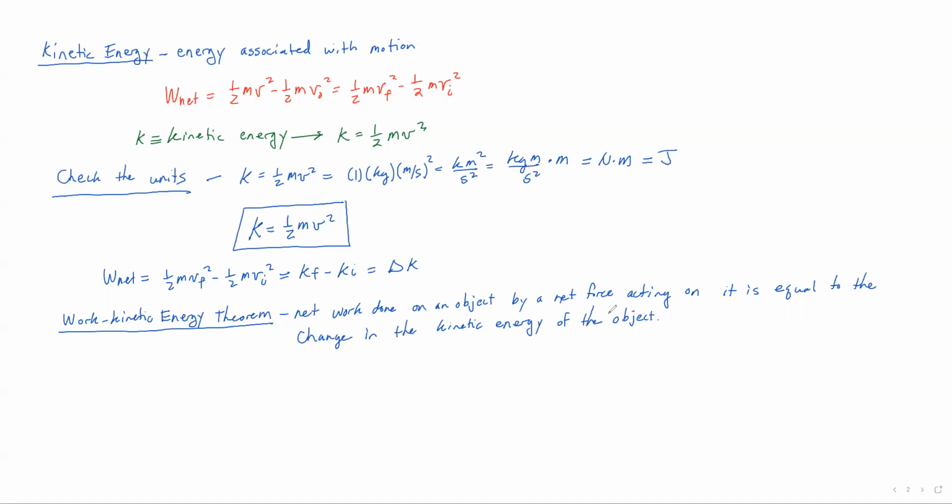Okay. And again, that theorem is just given by W net equals delta K, which is Kf minus Ki, using our definition of kinetic energy.